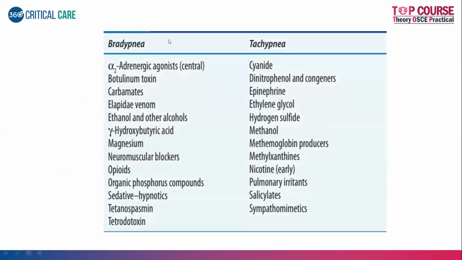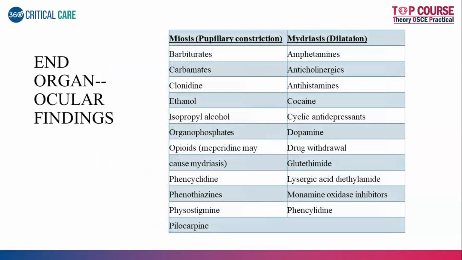Now, causes of bradypnea: OP poisoning, carbamates, ethanol, and opioids. Whereas tachypnea occurs usually in the earlier stages of cyanide toxicity, ethylene glycol toxicity, methanol ingestion, methylxanthines, and in the early stages of nicotine consumption.